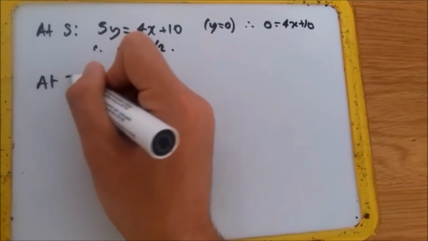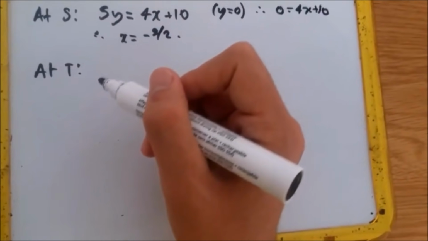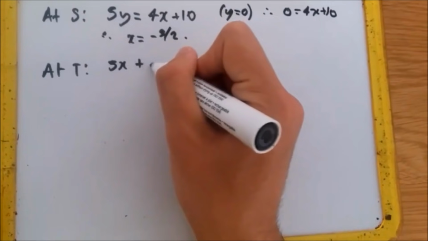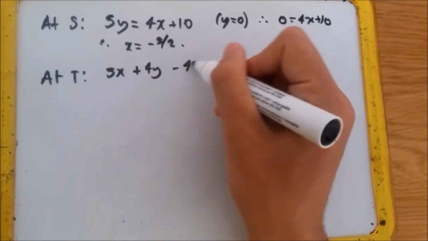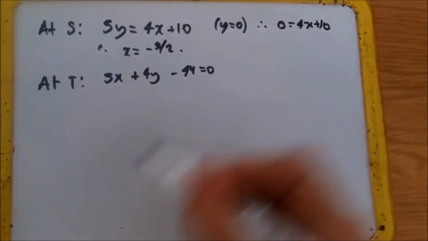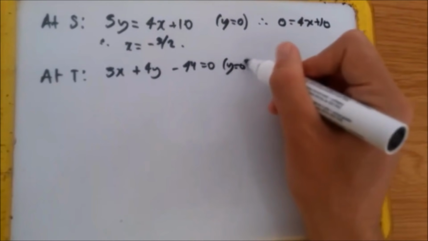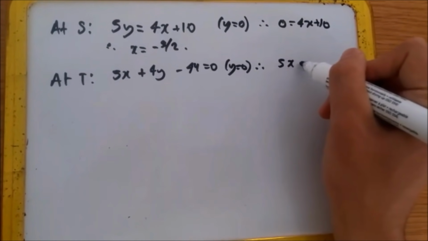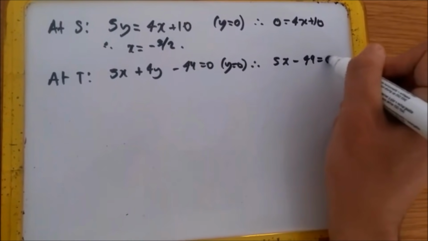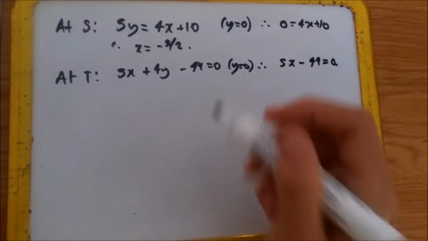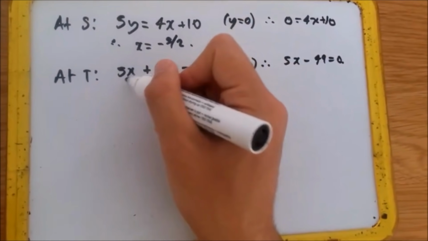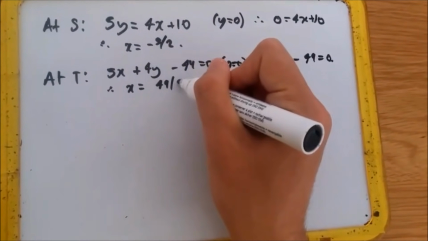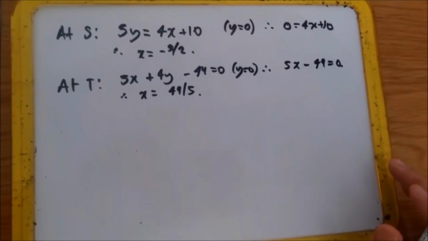Again, let's do it at coordinate T. At T, we use the other equation, which is 5x plus 4y minus 49 equals 0. Setting y equals 0, we have 5x minus 49 equals 0. Simple linear equation, so rearranging, plus 49 divided by 5, immediately tells us that x equals 49 over 5. Not difficult at all, is it guys?